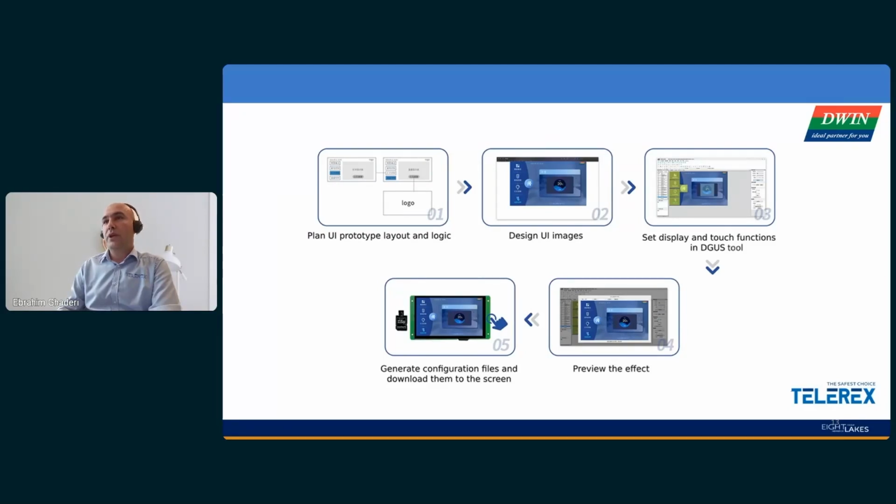Then you prepare your images and put all your images into the software, and then it will generate some files for you based on the structure that you implemented there and the touch functions and display functions that you used. You can load it to an SD card and load it to the display itself.